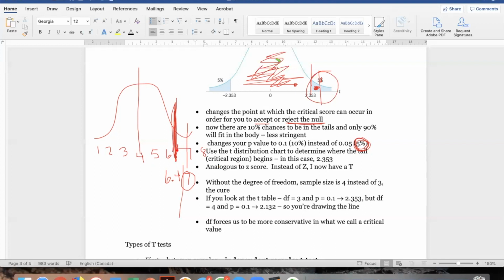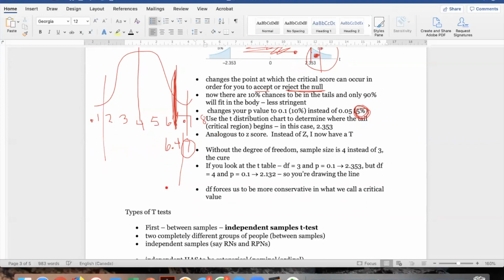And then you decide where your score falls and whether it's higher or lower. If it's higher, it's statistically significant. If it's lower, it is not statistically significant, unless it's lower over here, which means you've done something really rotten in your study.